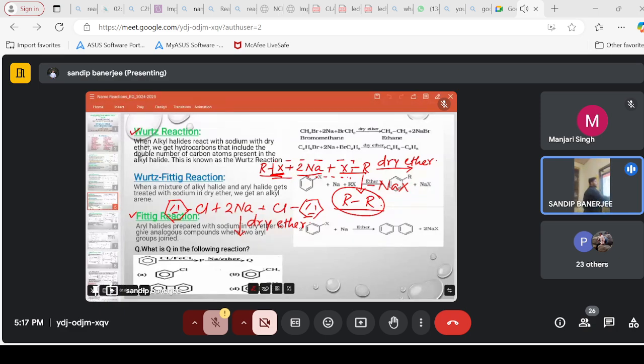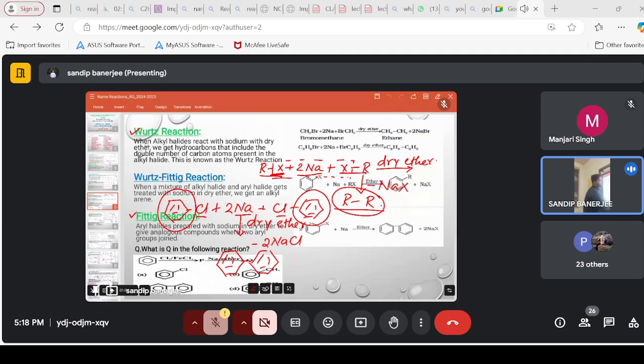Our target is that sodium will react directly with the chlorine. By this way, 2 moles of NaCl are eliminated from the system, and the remaining two phenyl rings are joined by one carbon-carbon bond.